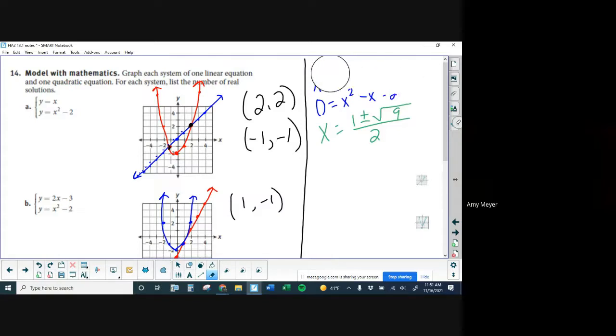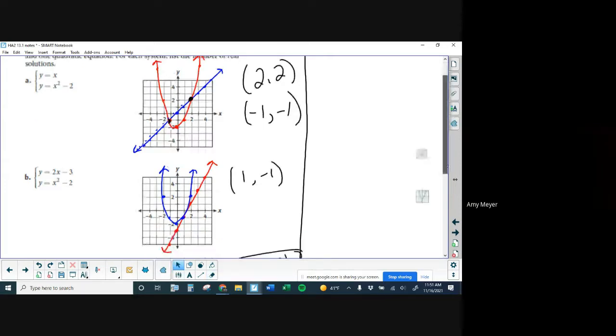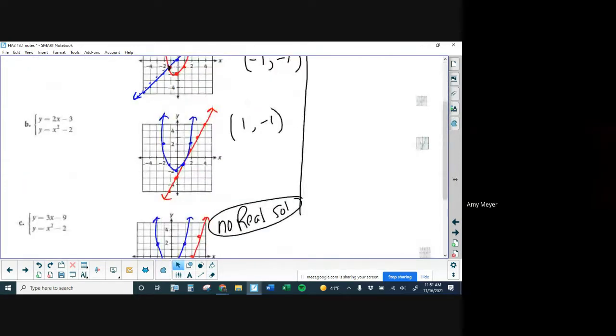Let's try letter B. You can pick up your pencil again. We're solving, so probably going to do substitution again. I'm going to substitute that. Because that's equal to y, I'm going to put it right there for y. So 2x minus 3 equals x squared minus 2.